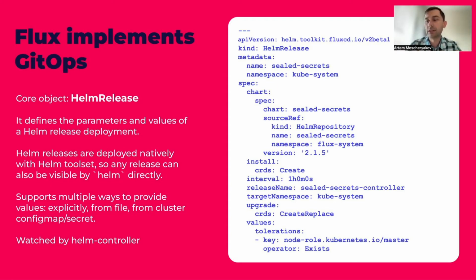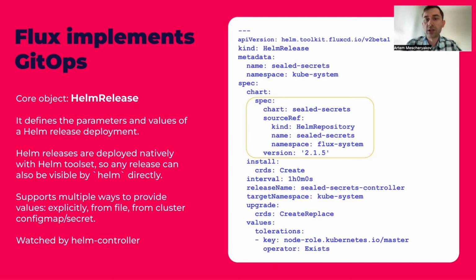And when this Helm release with generic values is applied to the cluster, the cluster has its own cluster-specific variables stored in a config map or secret, and they are getting overlaid with the default set. And well, this object is watched by Helm controller and getting applied to cluster.